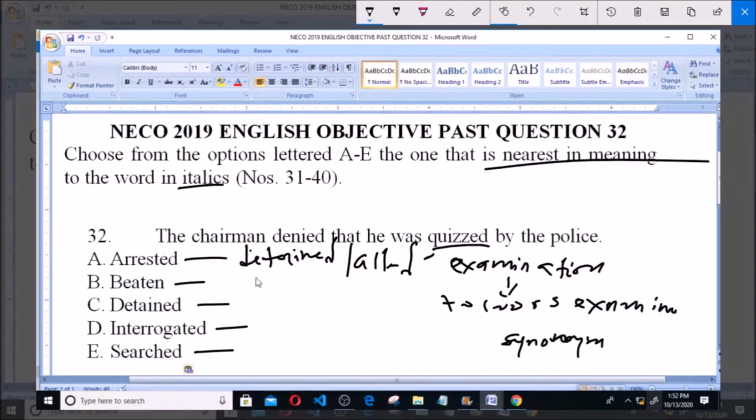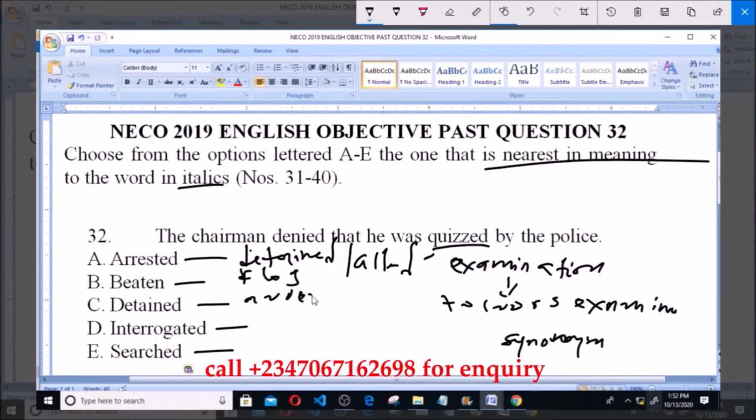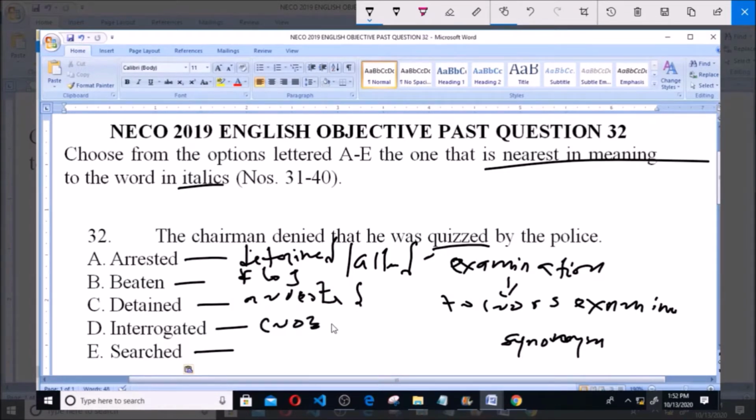Then beating is, let's say, flog. Detain is the same as arrested, and interrogate means cross examination.